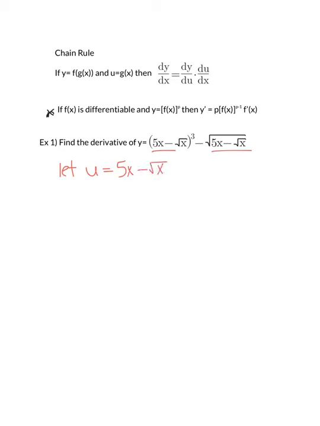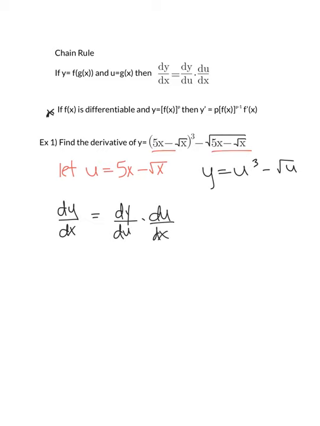Now, this allows me to say that I have y is equal to u cubed minus the square root of u. Now, I know that since I am substituting a u in here, I'm going to be using my Leibniz notation. So dy by dx is equal to dy by du times du by dx. And I can go ahead and find this information.